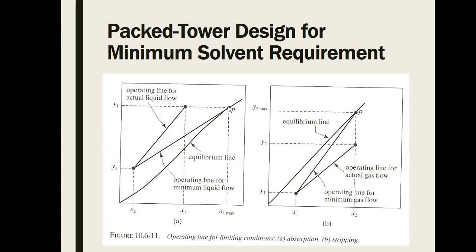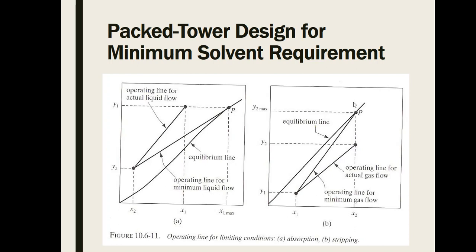And most often the problem gives us the relationship between x and y. That way we can find x1 maximum using the m in that equation and the y that is specified in the problem. The same principle we apply if we have stripping. For point 2 in our operating line, we project it up until this original operating line is made tangential to your equilibrium line.